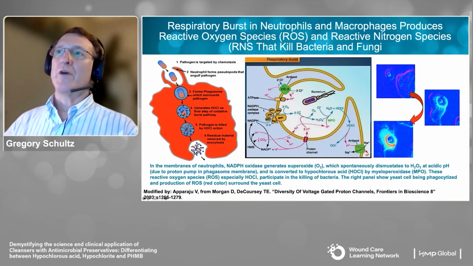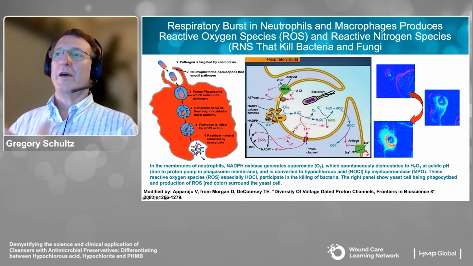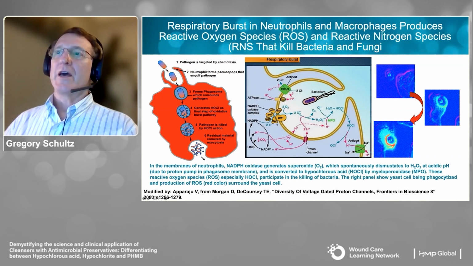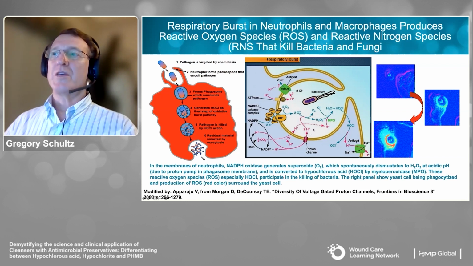So this respiratory burst is critical for us to understand, because as soon as a bacterium gets engulfed in the phagosome, there is an enzyme complex called NADPH oxidase that takes electrons from NADPH and adds them to molecular oxygen, generating the superoxide radical, which then can be protonated to make hydrogen peroxide, H2O2.